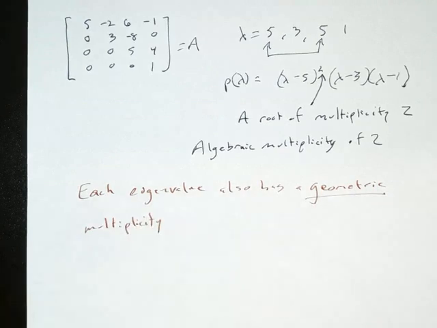And this has to do with the size of the eigenspace. How many dimensions is it? Is it a line? Is it a plane with 2 dimensions? Is it a space with 3 dimensions or more? This is the dimension of the eigenspace associated to that value.